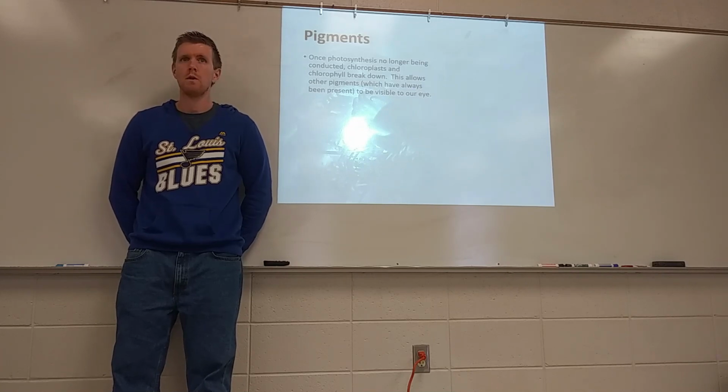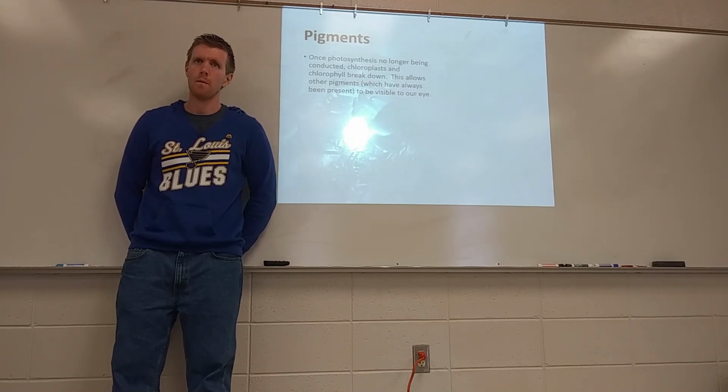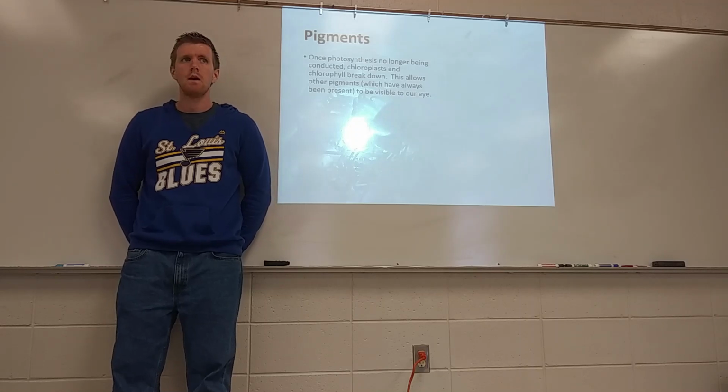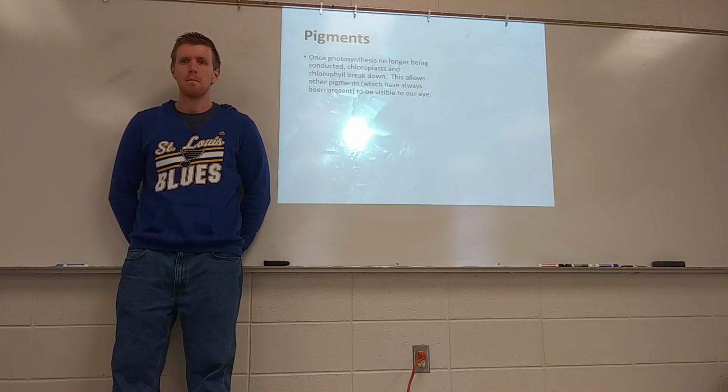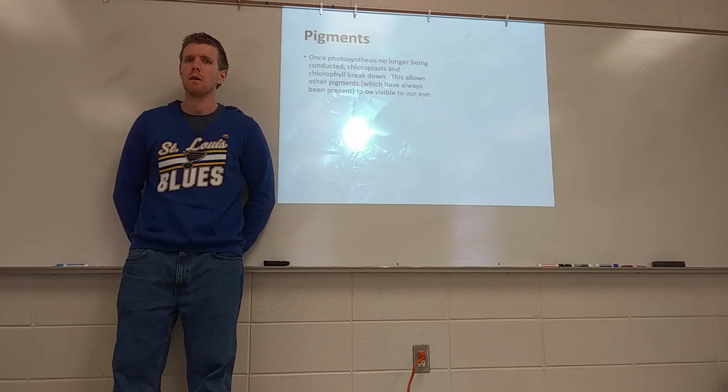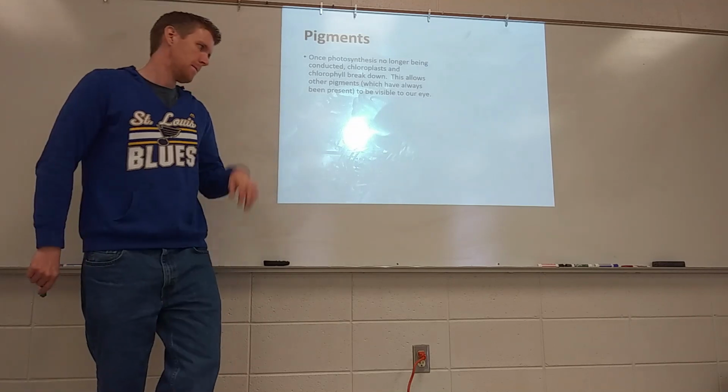So, there's no point in using energy to make chloroplast when you can just go dormant as a plant during the winter. So chloroplast production ceases, the chloroplasts are broken down, and for a short amount of time, the other pigments that have always been there are still visible.